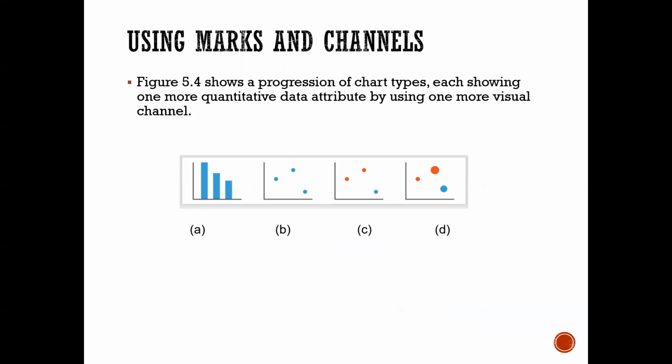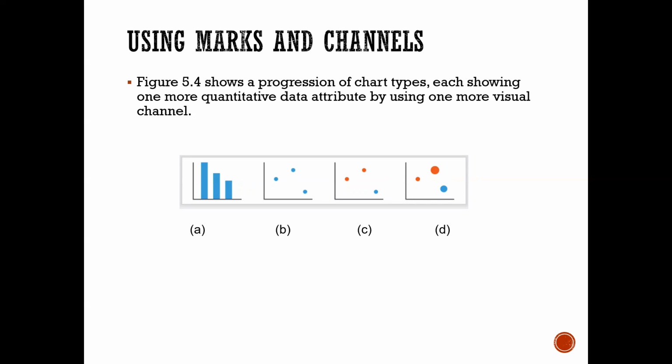So this actually shows a progression of chart types, each one showing one more quantitative data attribute by using more visual channels. So part A, there are bar charts that show two attributes. The height of the bar conveys only one quantitative attribute, and the categorical attribute is spread along the horizontal axis there. So you would have three categories and three heights.